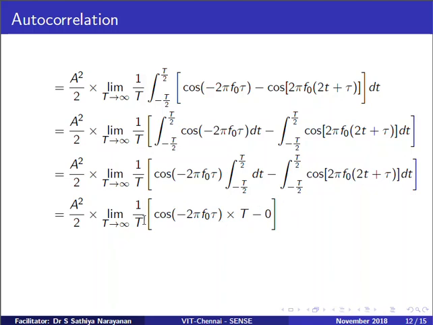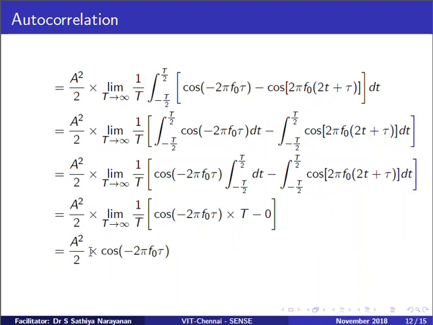Once we strike them off, these two T's get cancelled, and there is no T remaining in this expression. Therefore the limit T tends to infinity carries no meaning, and hence it can be removed.